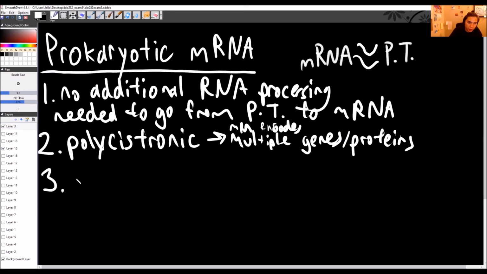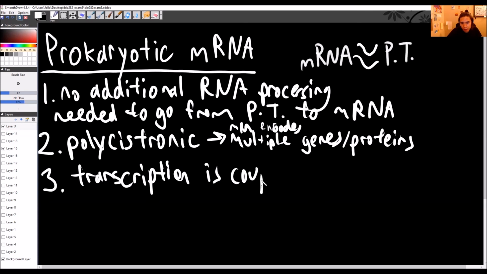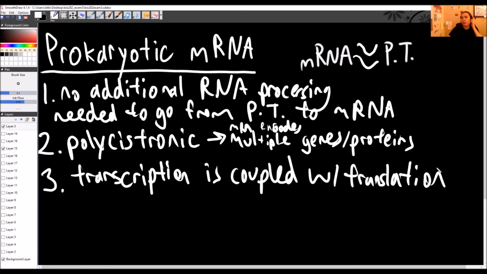And the third thing is that transcription is coupled with translation. This means that as the RNA polymerase is transcribing mRNA from the DNA, ribosomes are attached to that mRNA and they're translating as it goes. So a question on the exam might ask you, okay, given this model, what are we looking at?